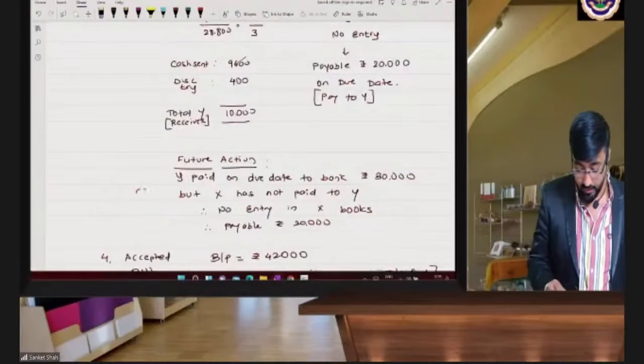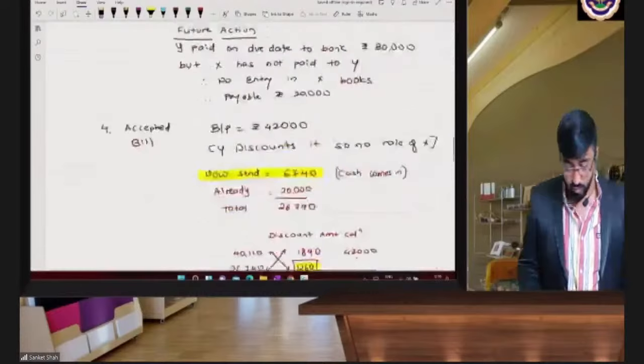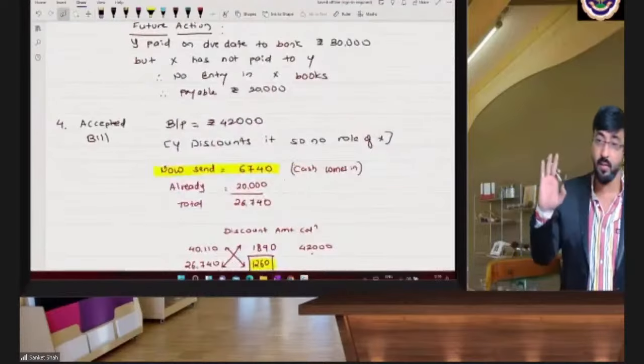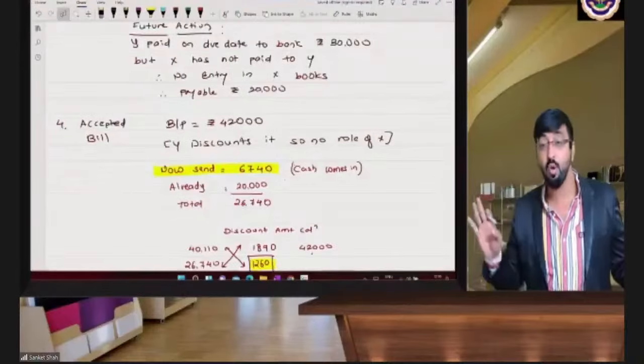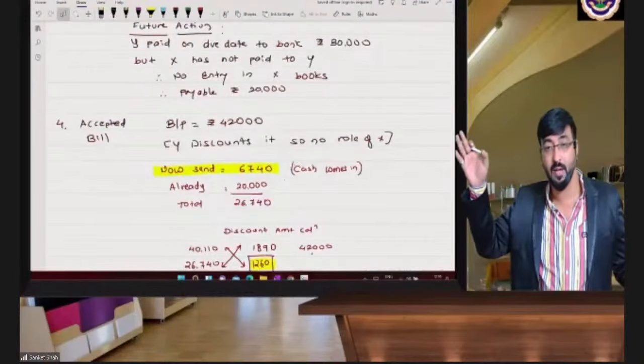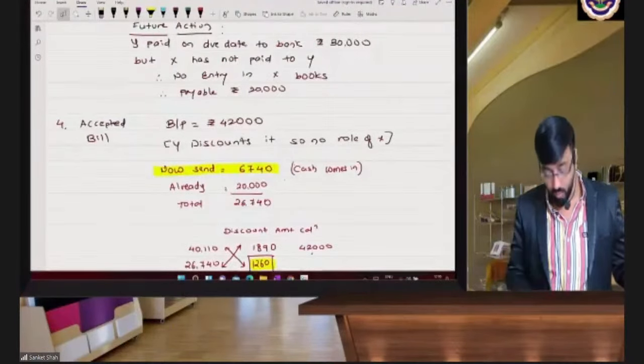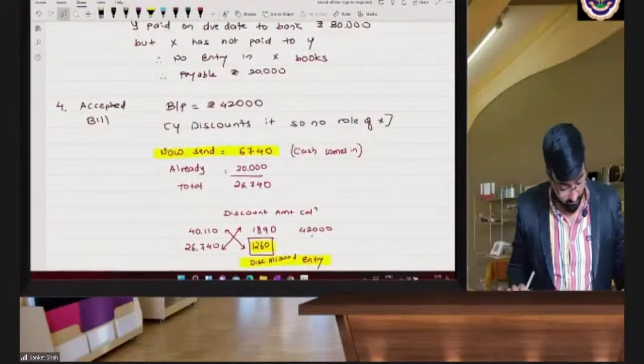No, don't write anything here. Though the bill is dishonored, the entry is not of dishonor because we accepted that bill. Sorry, I forgot.